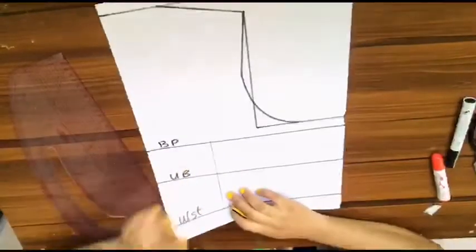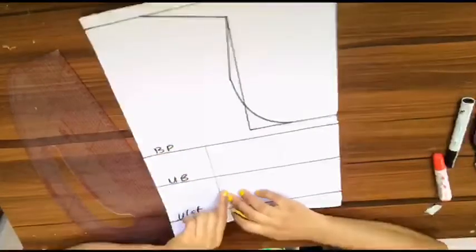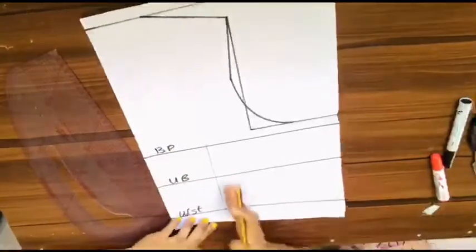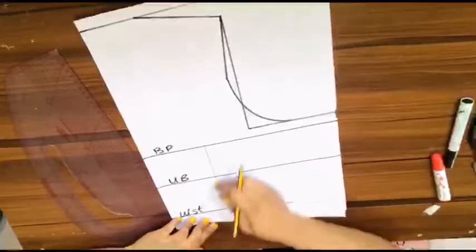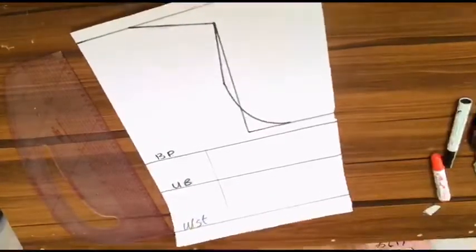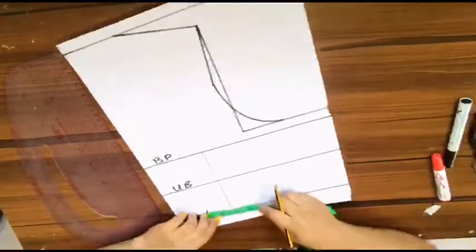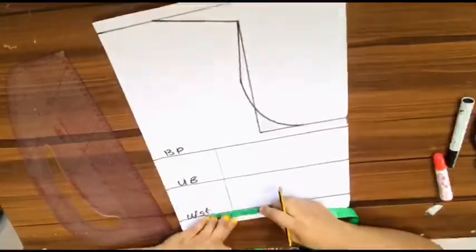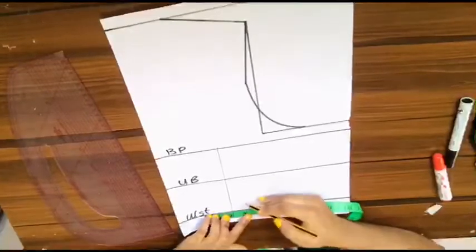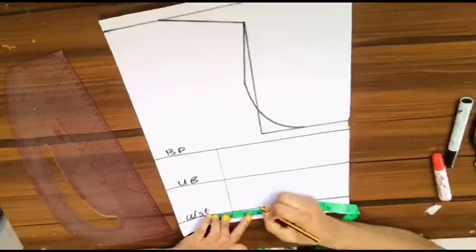Okay, so now that I've drawn my bust span measurement, which is 4 inch, I'll be taking the dart this way. I won't be taking the dart from inside, I'll be taking it from outside, from the right side. On my waistline, I'll take 2 inches.